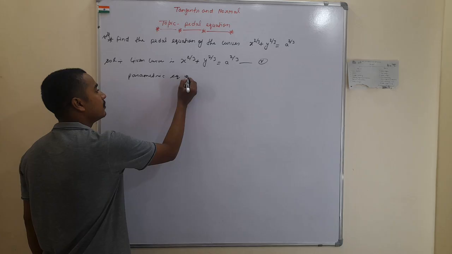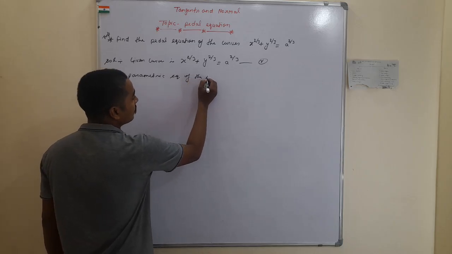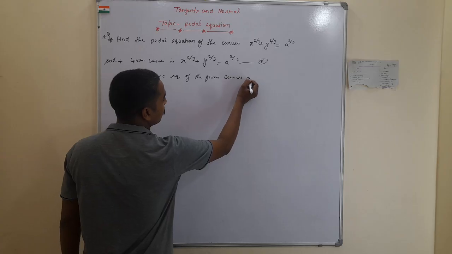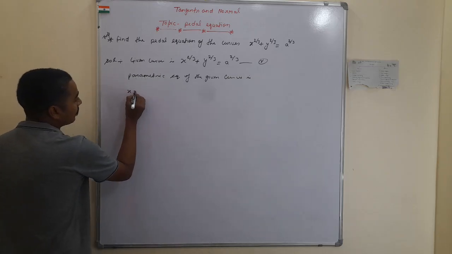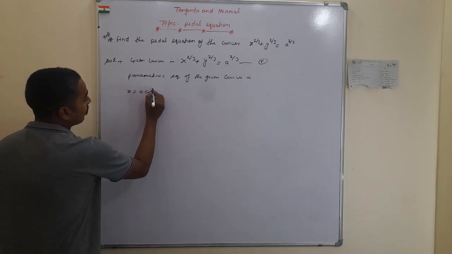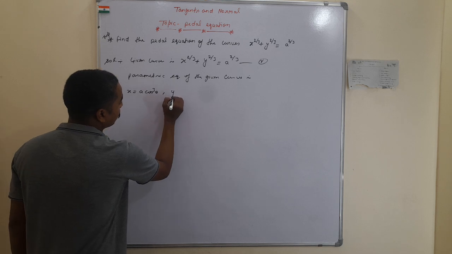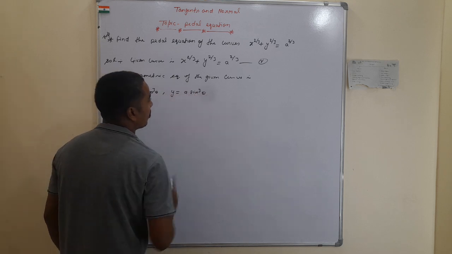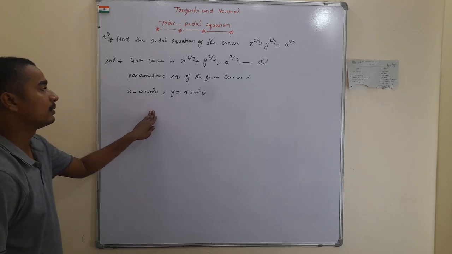Parametric equation of the given curve is x is equal to a cos cube theta and y is equal to a sin cube theta, and we have to find the pedal equation.